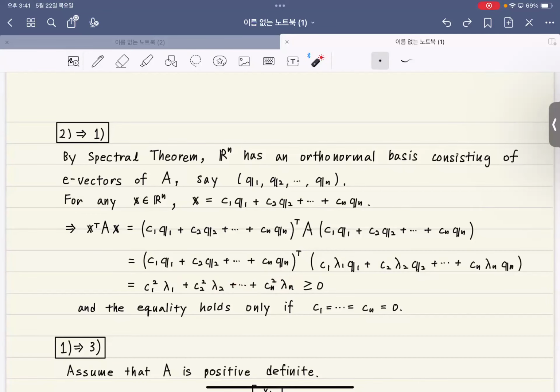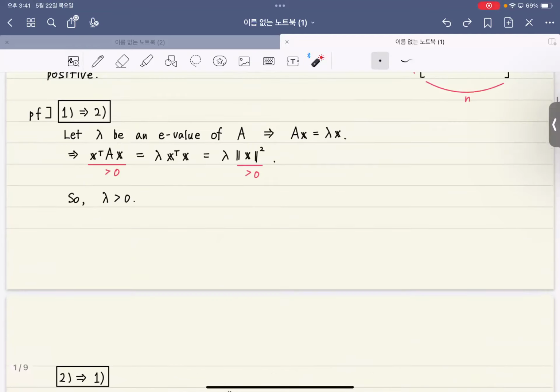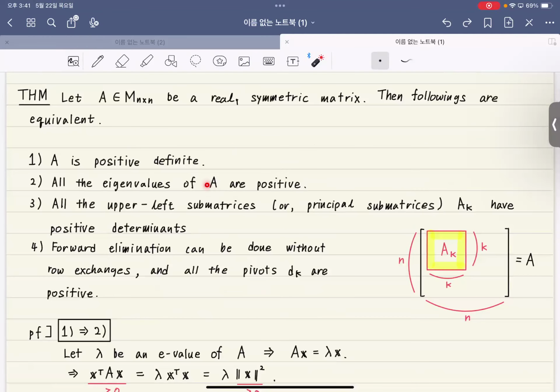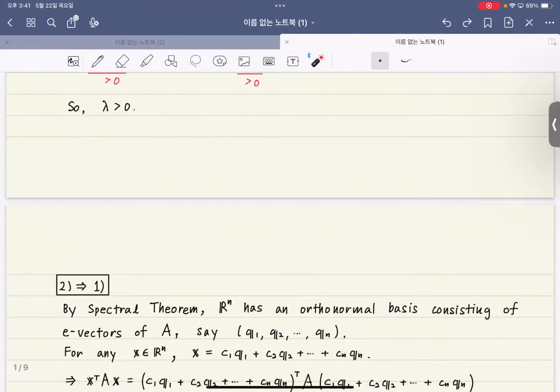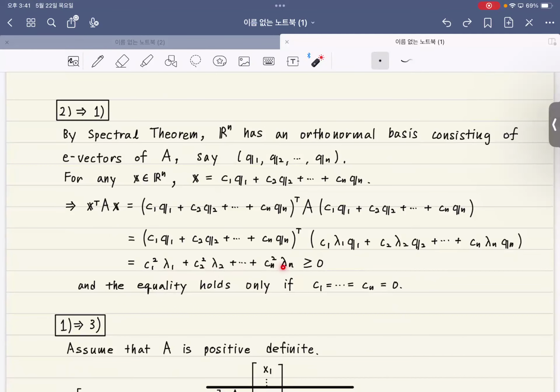This is something like a component-wise multiplication and summation. Statement number 2 assumed that the eigenvalues of A are all positive, so lambda 1 to lambda n are all positive numbers. Therefore, this is always non-negative.